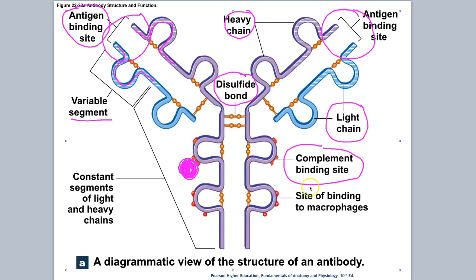All right, and then here, look at this. We have a site for macrophages to bind. So any pathogen that's coated in antibodies, right? Let's say these antibodies are sticking all over to the surface of our pathogen here. Let's say there's our pathogen out here, okay? Macrophages will come along, and as soon as they bind to this, they know to consume it and whatever it's connected to.